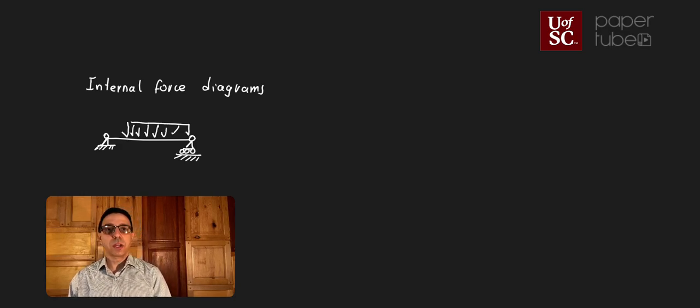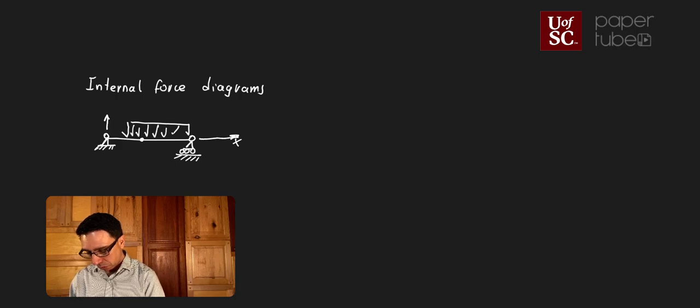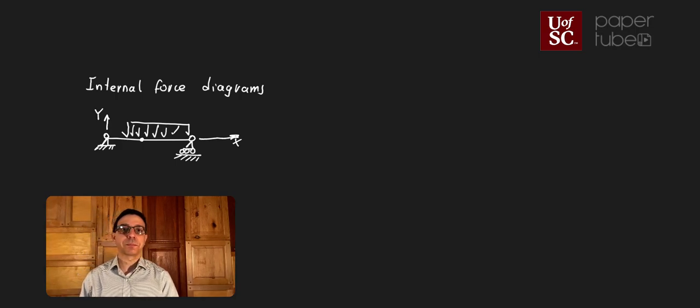So what we can do is, instead of finding the shear, bending moment and normal forces at a particular location, let's say at a point like that, we can say that we have some x and y axis. This is going to be my x-axis. This is going to be my y-axis.